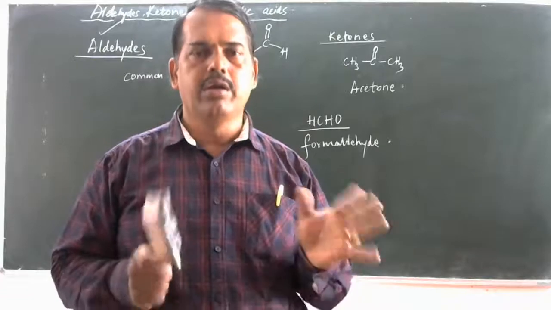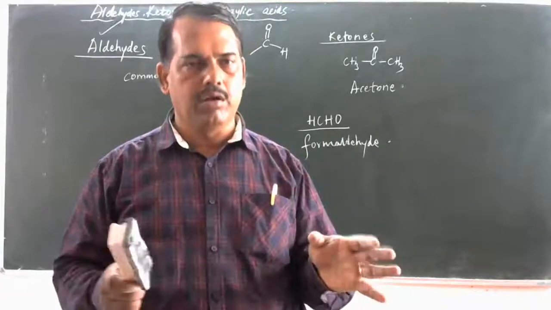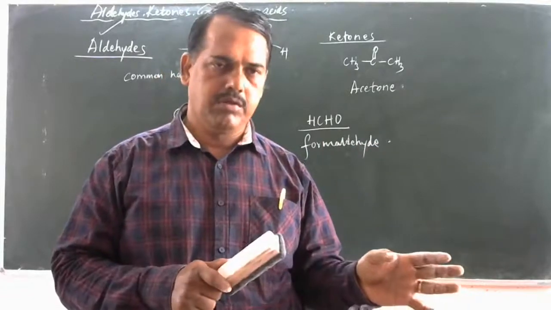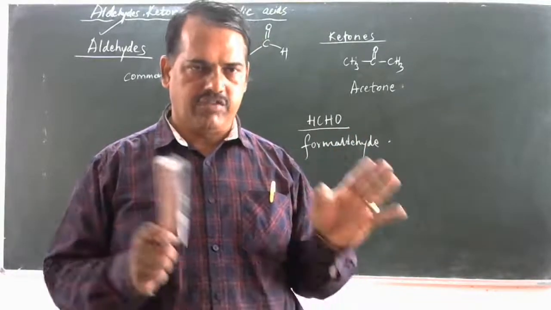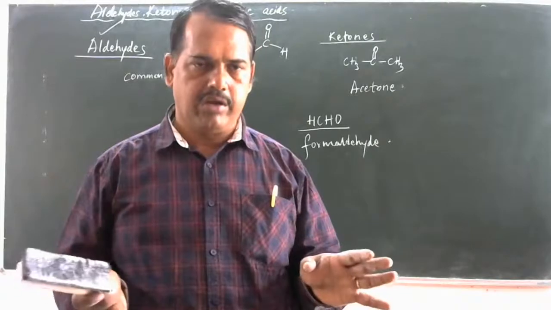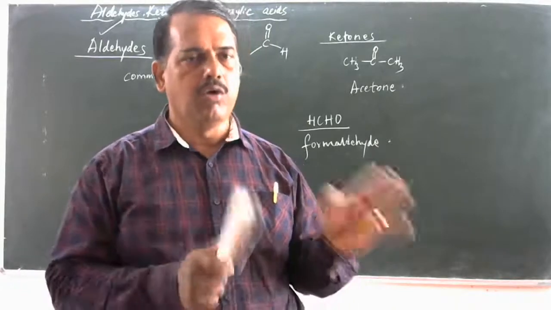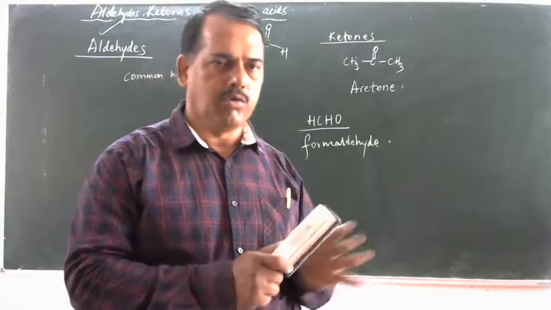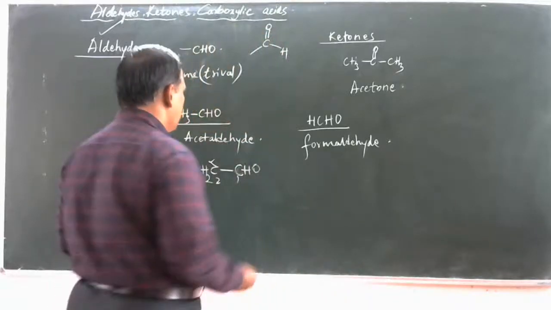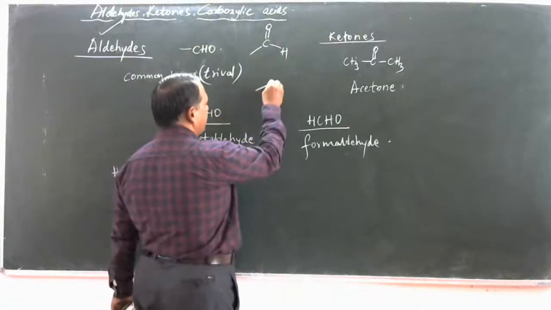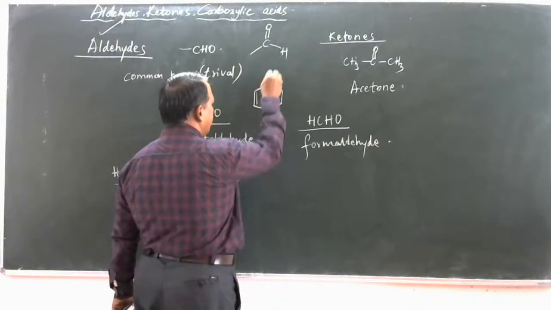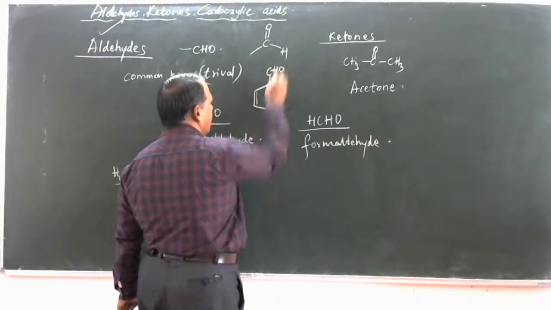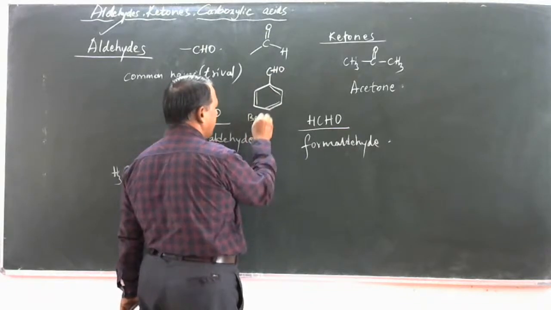Even today, aldehydes and ketones are familiar by their common names, particularly acetone, formaldehyde, acetaldehyde, benzaldehyde. All these are well known by their common name only. Take the aromatic aldehyde, which is called benzaldehyde. What is the formula for benzaldehyde? Benzene ring and aldehyde, which is called benzaldehyde.